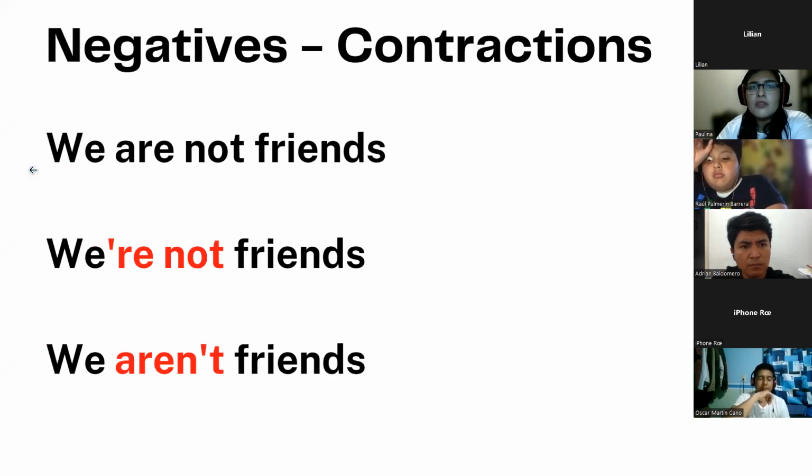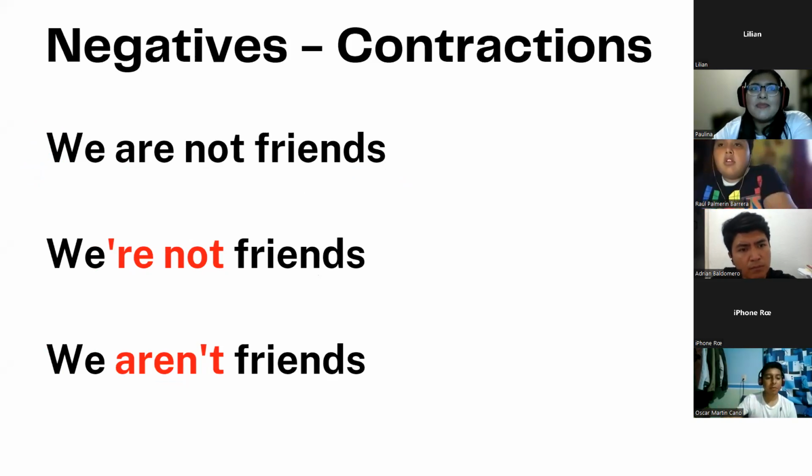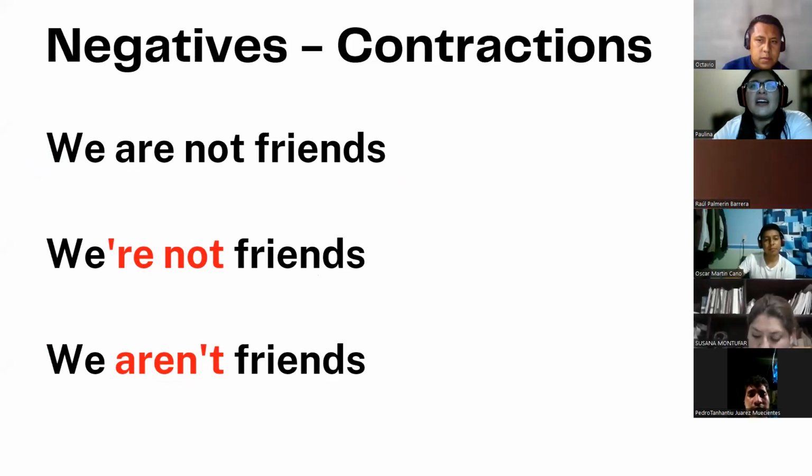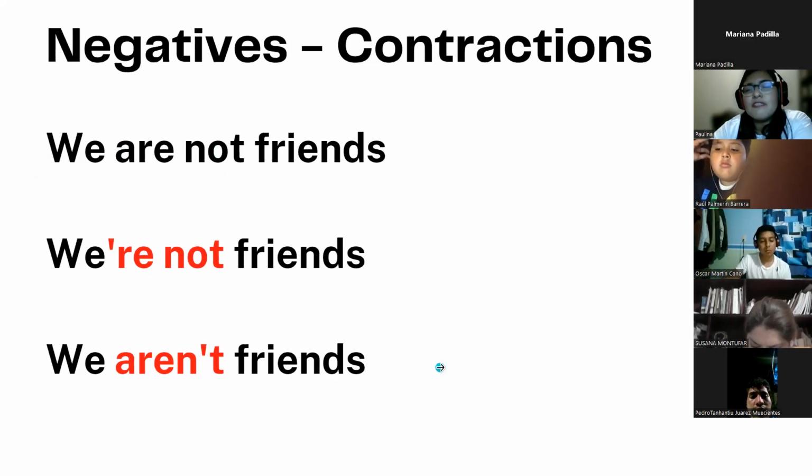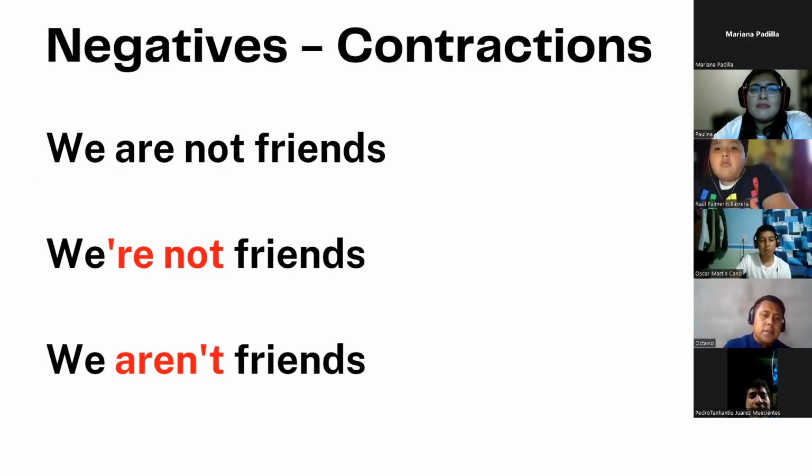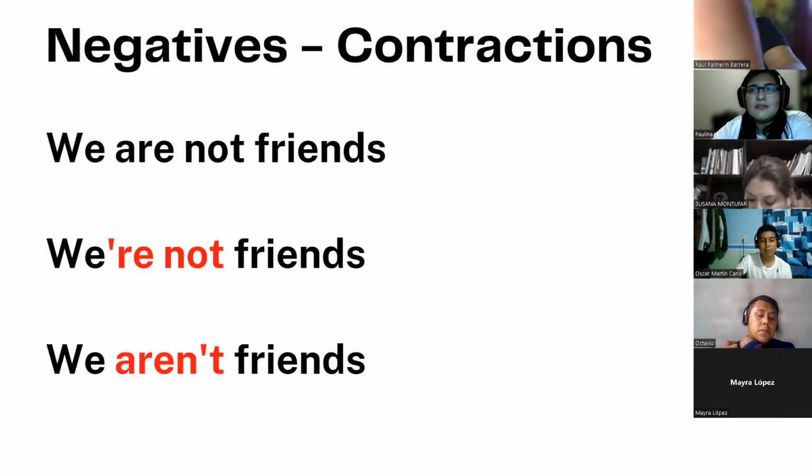Option number one, repeat after me. We're not friends. Very good. The vowel that I'm eliminating here is the A in R. Option number two, the vowel that I'm going to eliminate is the O in not. We aren't friends.